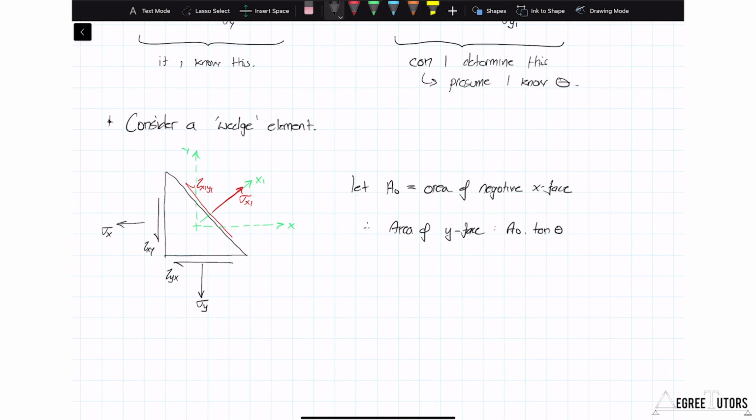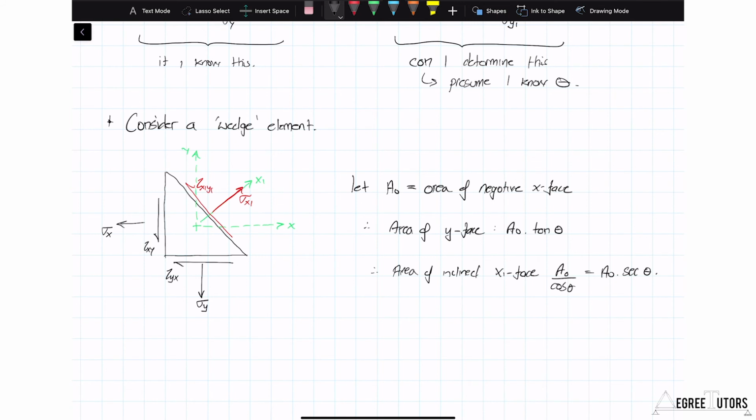Then the area of the inclined face, which we'll call the x1 face, just simple geometry of a right angle triangle, is going to be A0 over the cosine of theta, and 1 over the cosine is equal to the secant. So that's going to be A0 times the secant of theta.